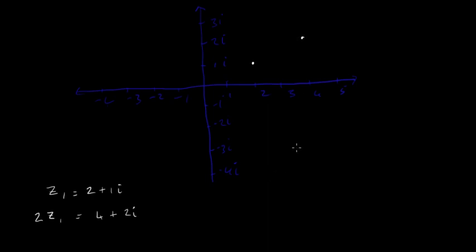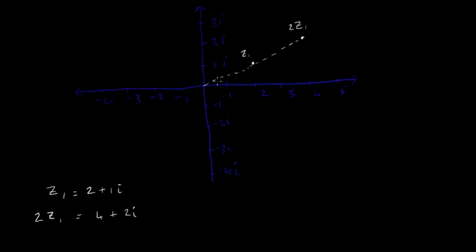Now what's that actually done? Well, if you take the distance from the origin to my original complex number z1, this here is twice z1. What I've actually done is double the distance from the origin.